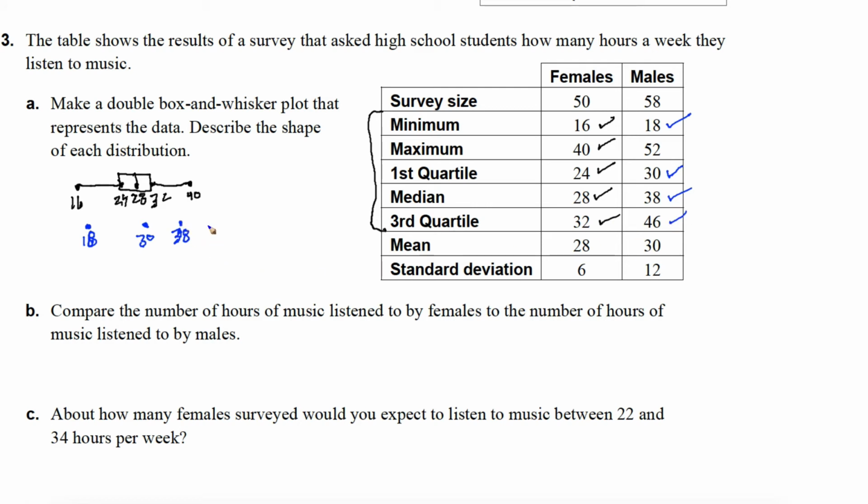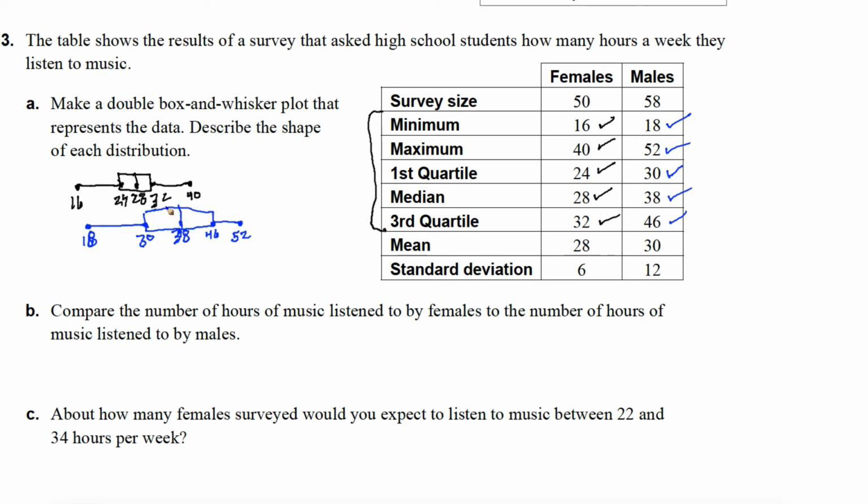So that's kind of way out here a little bit. 46, and my maximum is 52. So there's my lines, and here's my box. And here's my median.